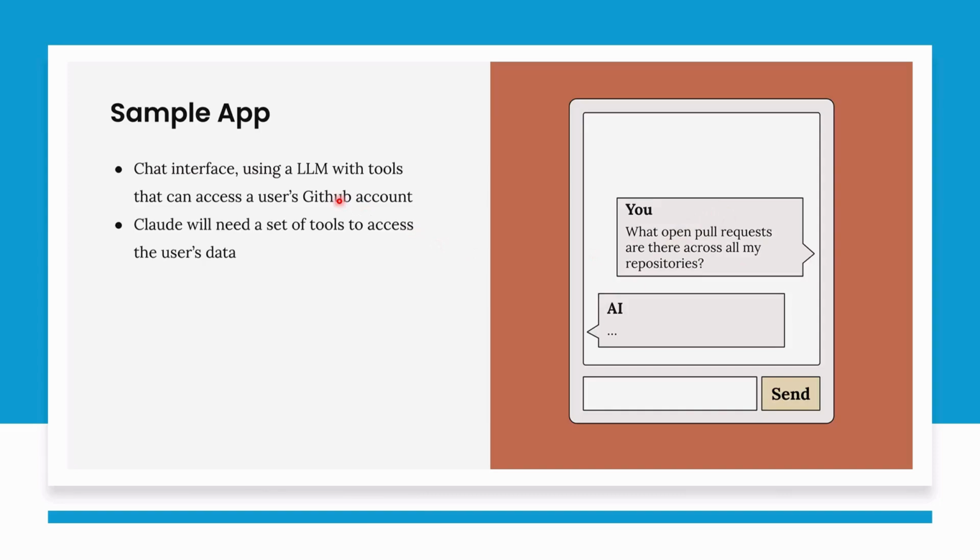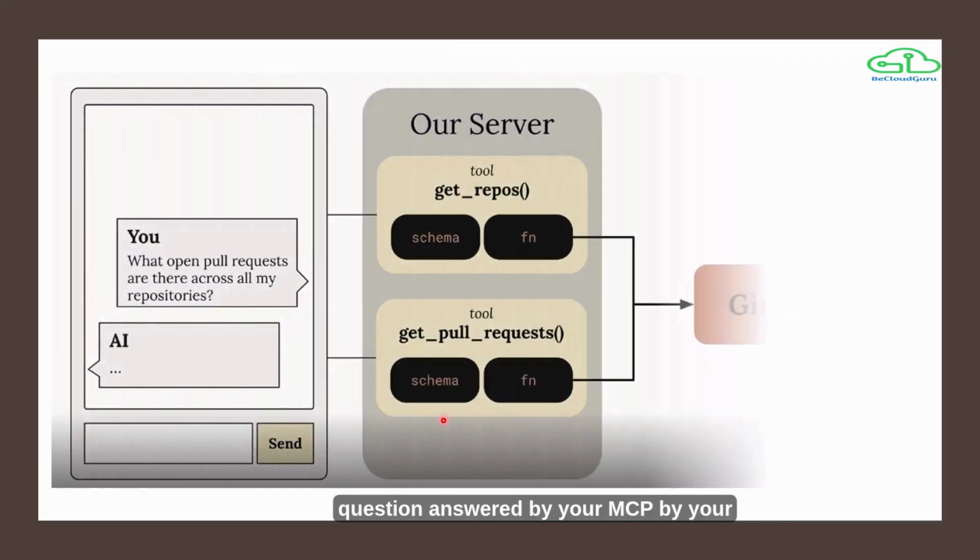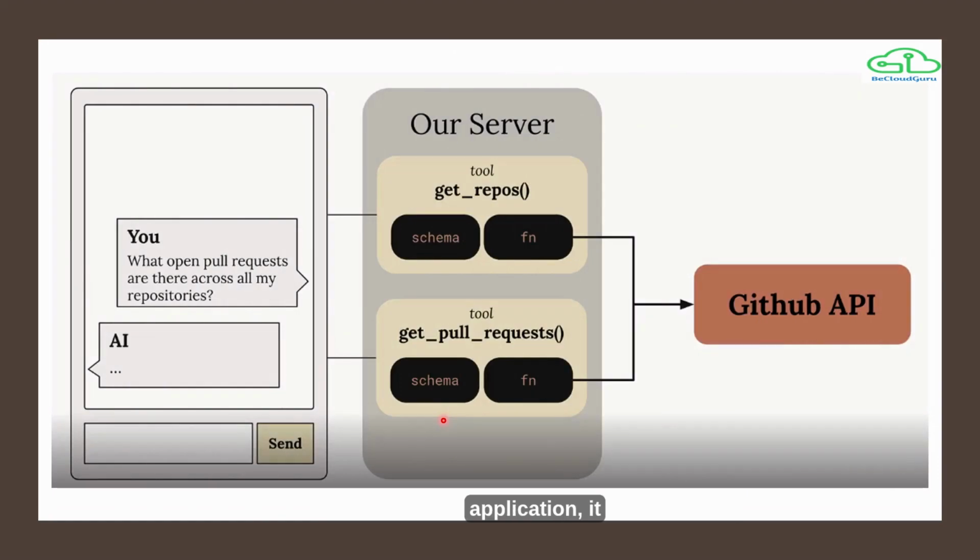Now a user might ask, what open pull requests are there across all my repositories, right? To have this question answered by your AI application, it has to run tools such as get repo, get pull request, and these tools then would interact with GitHub APIs, and then they will give the results back to the application.